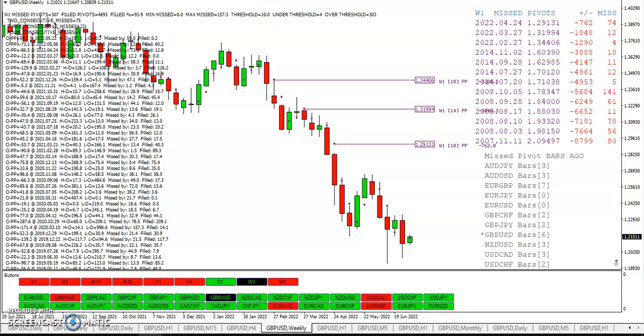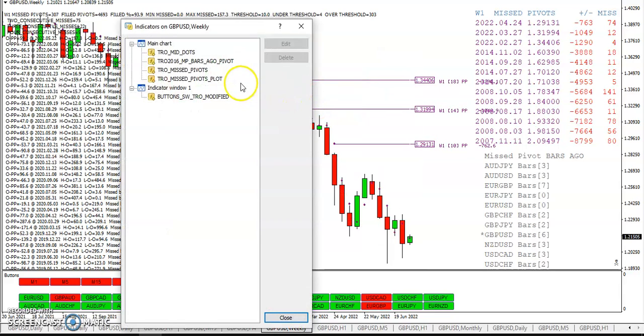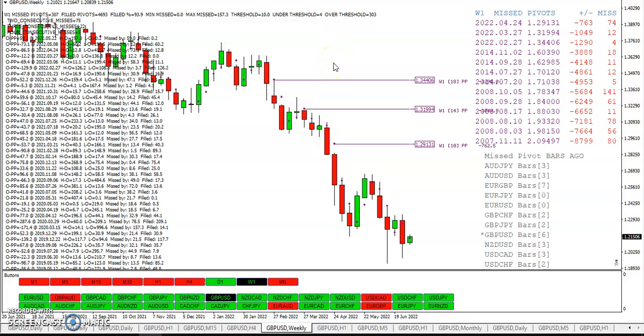And then the indicator over here that gives you more of the details on the missed pivots. And just in case you're wondering, this missed pivots plot, it's this indicator and it actually plots them. And as you can see, these are all indicators in the MT4 motherlode that you can download for free, no donation required.